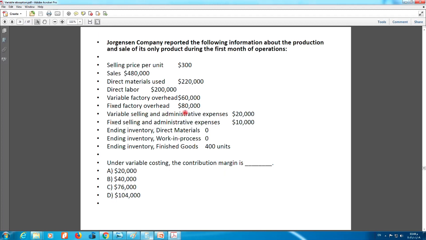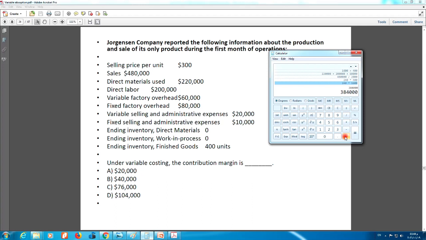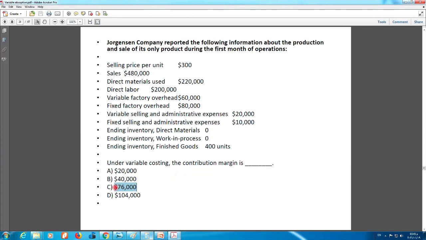So variable selling and administrative expenses should be added to the cost of goods sold, the total variable cost 404,000, subtracted from total revenue or sales 480,000. Contribution margin should equal 76,000. The answer is C.